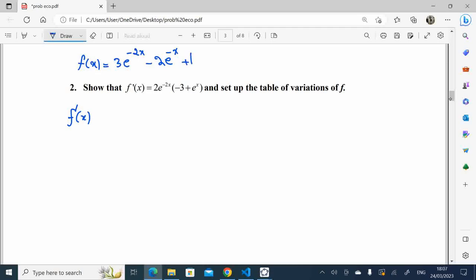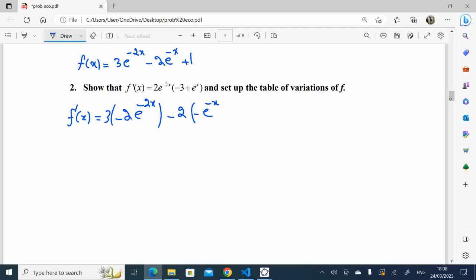So the derivative will be equal to 3 times minus 2 times e^(-2x), because the derivative of e^u is u prime e^u, minus, also here we leave the 2, and the derivative of e^(-x) is minus e^(-x), and the derivative of 1 is 0.